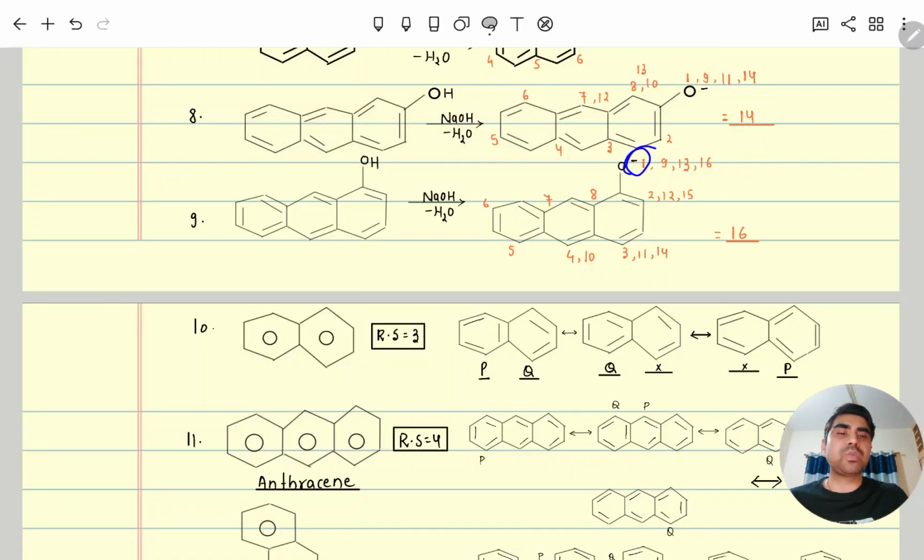Similarly here O minus. So with respect to this 1, 2, 3, 4, 5, 6, 7. A bridgehead this one. 7, 8. Again bridgehead. Then 9. Again from here 9, this direction is covered. So which direction will we cover now? This one. So 10, 11, 12, 13. Similarly this one, this direction covered.